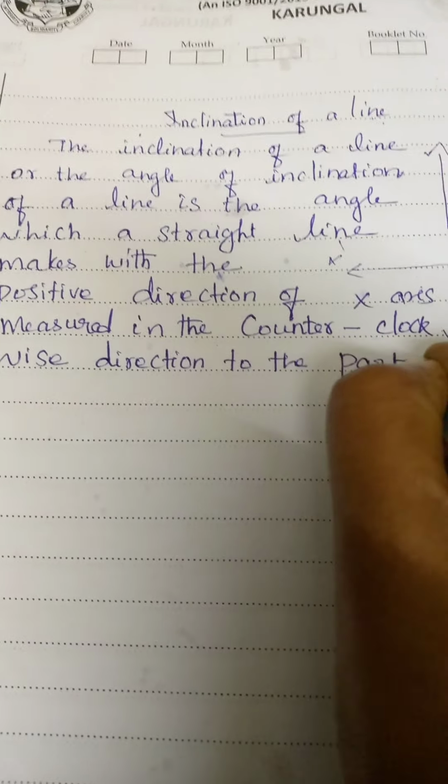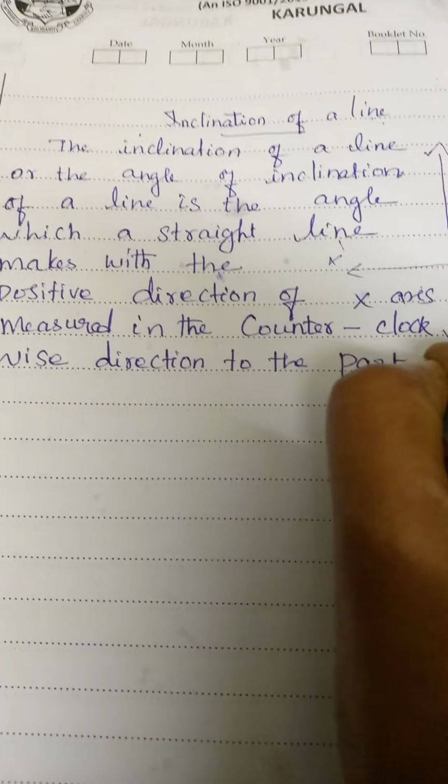If theta is the angle of inclination of a non-vertical straight line, then tan theta is the slope, or gradient, of the line, and it is denoted by m.